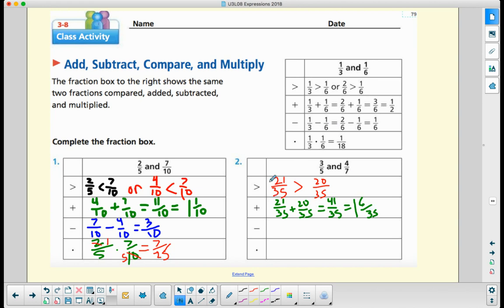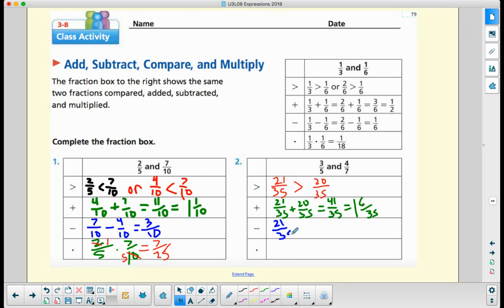Subtracting, I'm going to use my greater fraction first, and I'm going to use the common denominator ones. Let me change my pen color for us. So really I could do it with mental math, but I won't. 21/35.